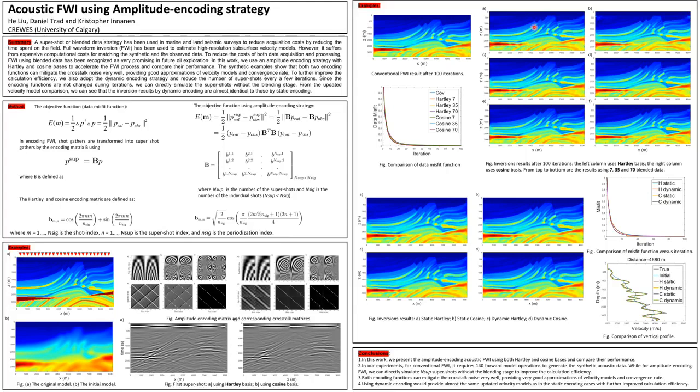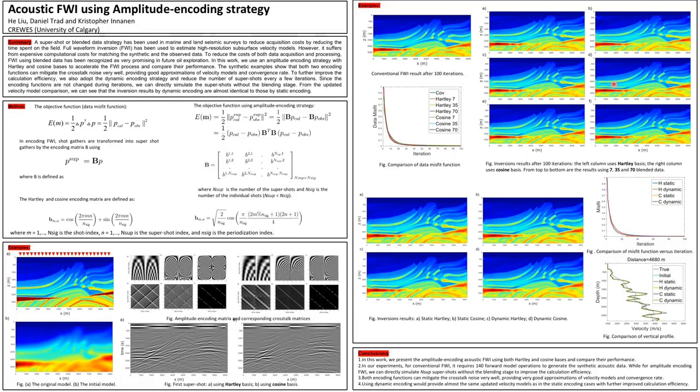On the left side, the Hartley basis results, we can notice there still exists some crosstalk noise here, while with the increasing number of super shots, it can be well mitigated. On the right side, using cosine basis, the first image still contains some noise up here, while the other two models are almost noise-free.